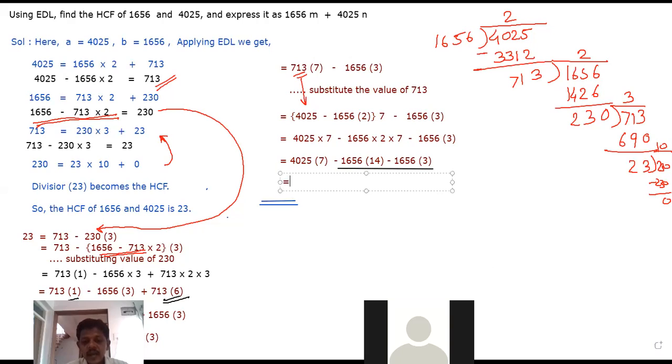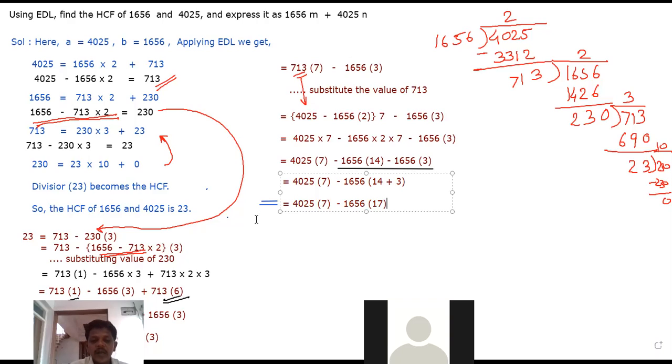So it is equal to 4025 into 7 as it is, minus 1656. Minus sign is common, so that minus becomes plus. 14 plus 3 is 17. It is equal to 4025 into 7 minus 1656 into 17.